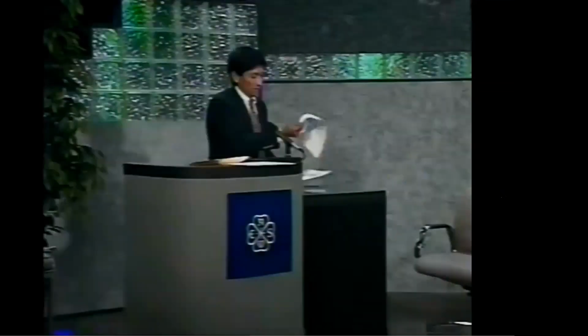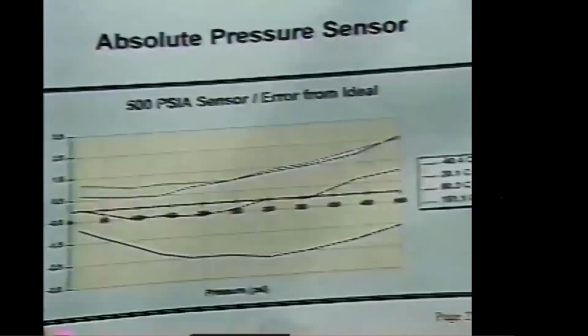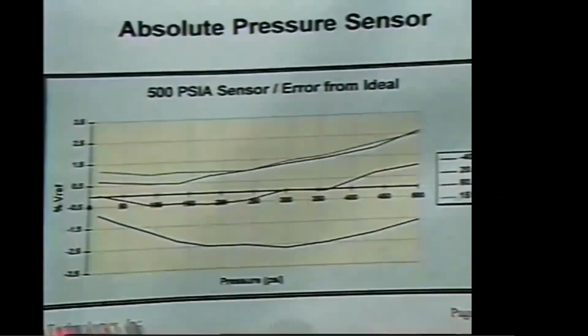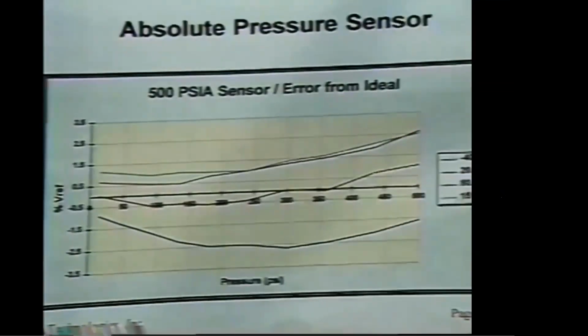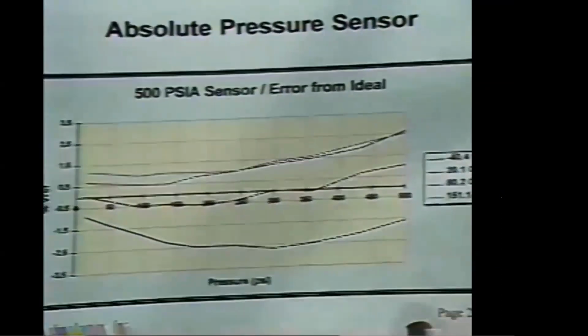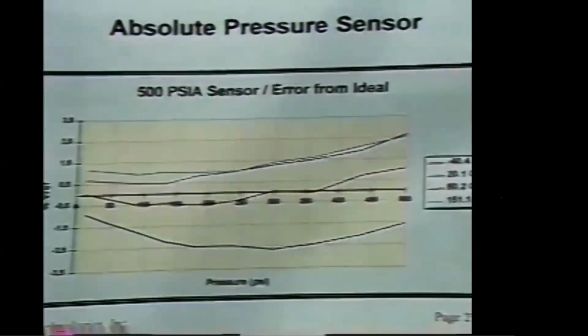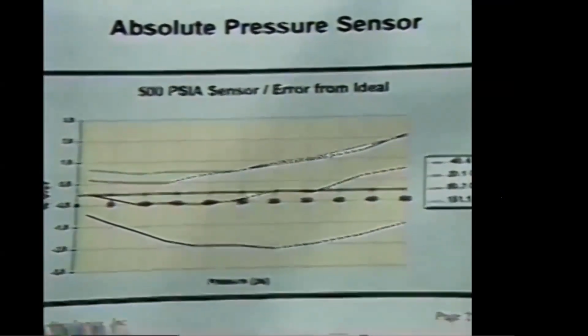So to see the differences, I also have this curve, which shows the difference between the actual measurement and the ideal as a function of pressure, and as a function of temperature from minus 40 to 150 degrees C, as well as the error bars given to us as acceptable by our customers. In a nutshell, what I'm showing you is that the surface micromachine pressure sensor can in fact meet a lot of the requirements, or it may meet and exceed the requirements that we currently are working under.